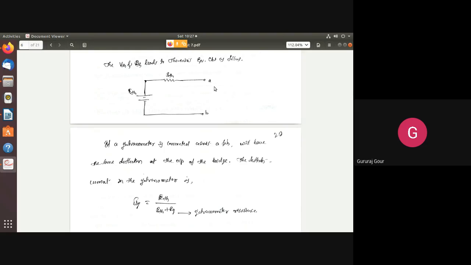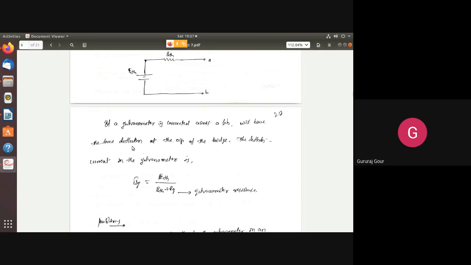How to find the unknown, the amount of deflection here? The galvanometer connection is coming. The galvanometer is now connected across A and B, and I will have some deflection at the foot of the bridge.